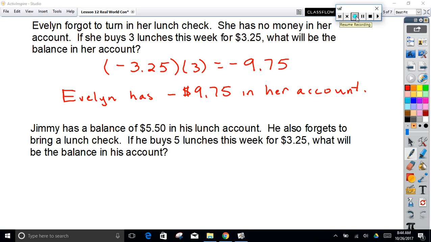Okay, Jimmy, if this happened to you, what would the balance be in your account by the end of the week? Yeah, you can say the answer. Good, negative $10.75. Can you tell me what you did? Okay, so what did you do in your head?